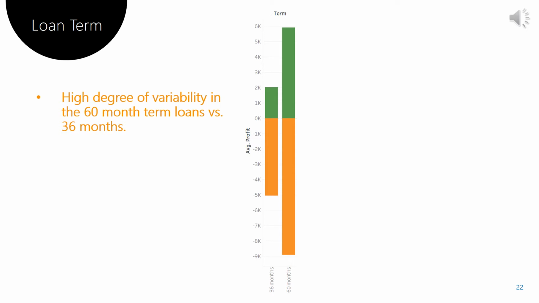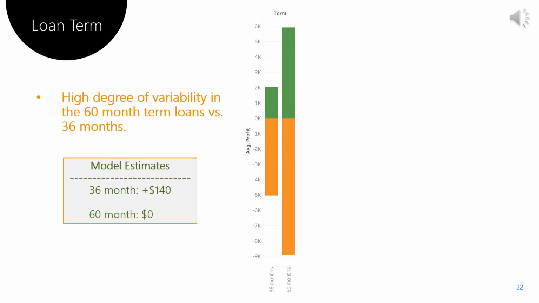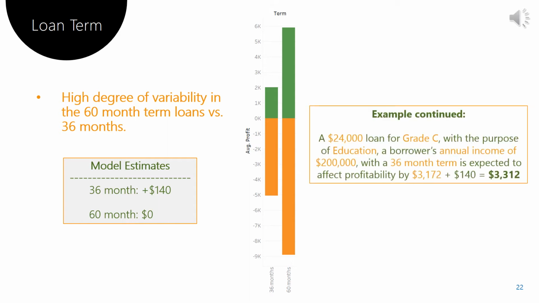So if we look at the model estimates, a 36-month term equates to $140 in additional profit, whereas a 60-month adds nothing to the total profit. If we continue on with our example using a 36-month loan, we are looking at adding $140, which now gives us an estimated profit in our sample loan of $3,312.